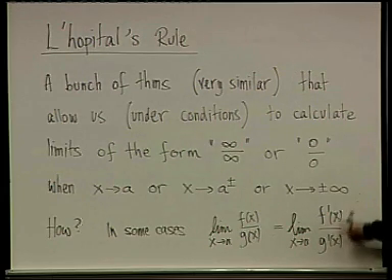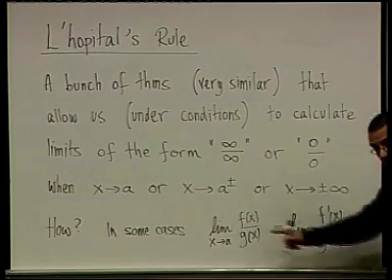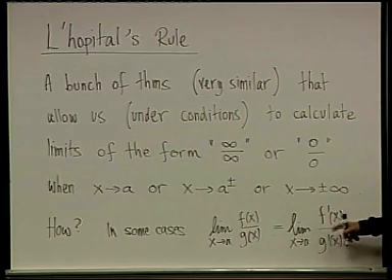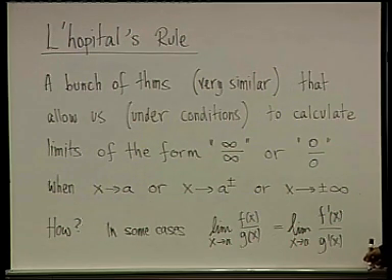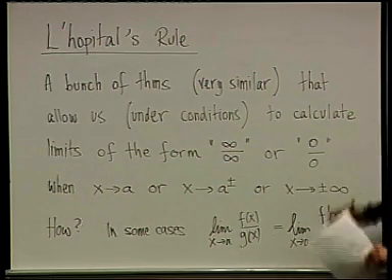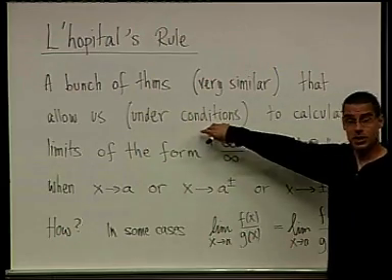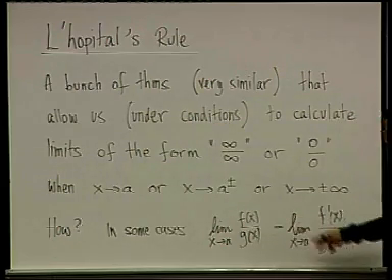Not the quotient rule. I'm not taking the derivative of the quotient, which would be, remember, f prime g minus g prime f over g squared. I'm just taking the quotient of the derivatives. What we would wish would be the quotient rule for derivatives, but it's not. In some cases, namely these conditions, they're equal.